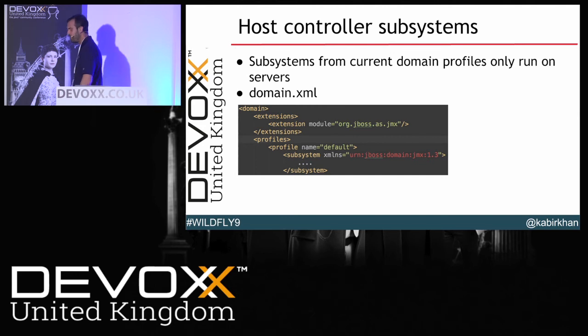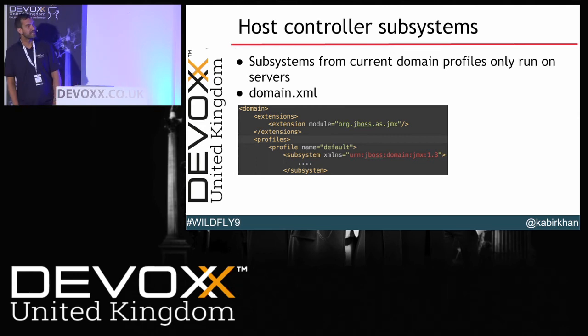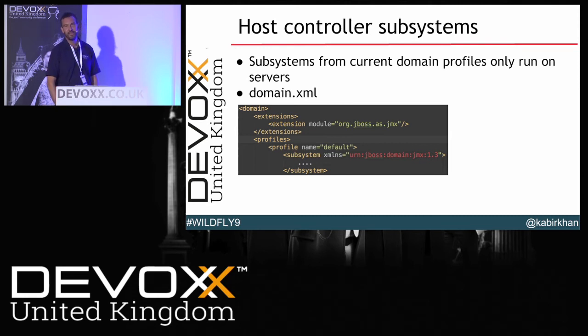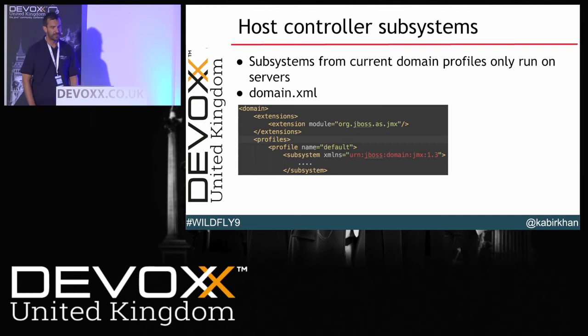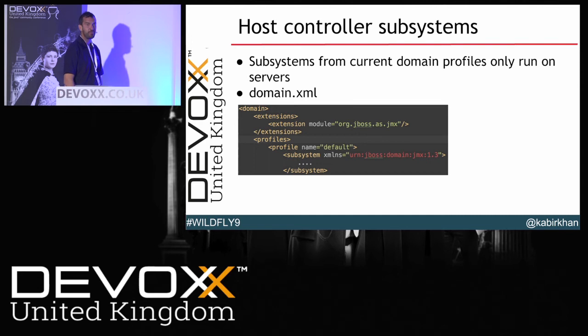Then the final server management enhancement is that in WildFly 8, the only way to extend the host controller is basically if somebody at WildFly does it for you. There's no pluggable functionality on the host controller. So in the domain XML, we have the notion of subsystems.